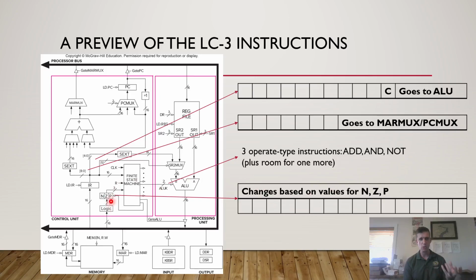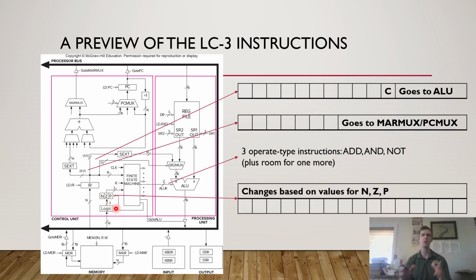And then also looking at the NZP register, we know that these are signals that go to the finite state machine, the control unit, that potentially affect its behavior. I don't know where it is in this instruction encoding, but I can already anticipate that I'm going to have an instruction that changes the processor based on whether or not the value here was negative, zero, or positive.